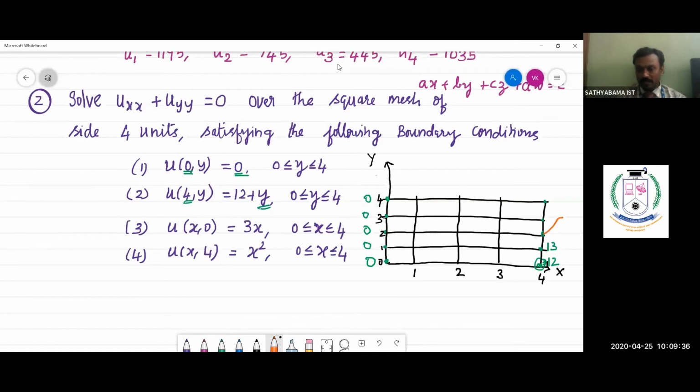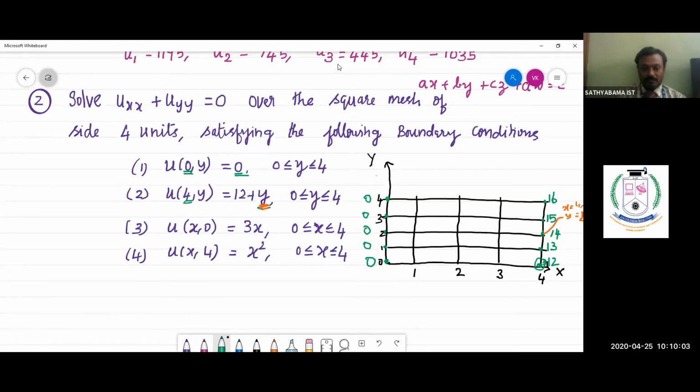Substituting y equal to 2 here, we get 12 plus 2, it is 14. Similarly, here y is equal to 3, so 12 plus 3, 15, and 12 plus 4, 16.